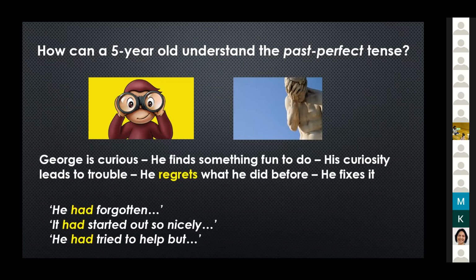They're not conscious of any grammar per se here. However, they are beginning to associate a grammatical pattern in English with a certain feeling or a certain theme in the story. So gradually, even a 5-year-old can slowly come to understand something like the past perfect.